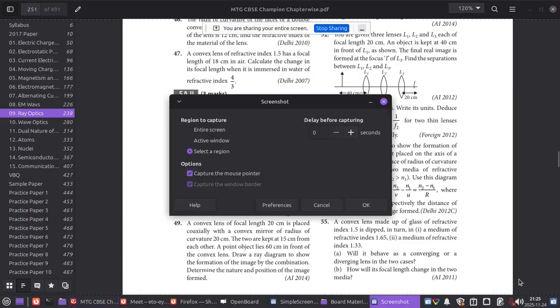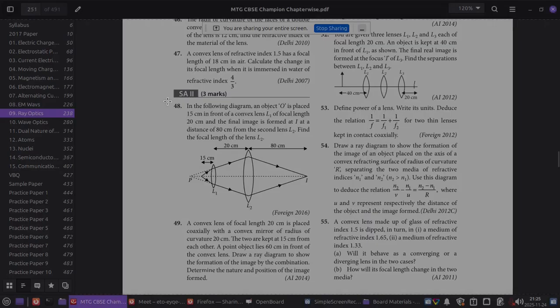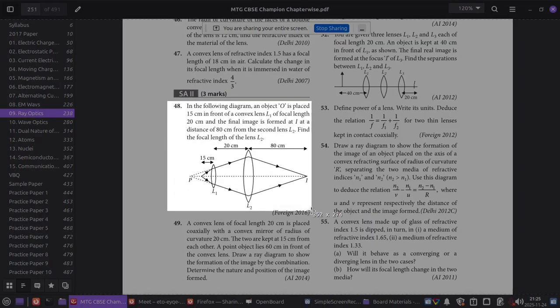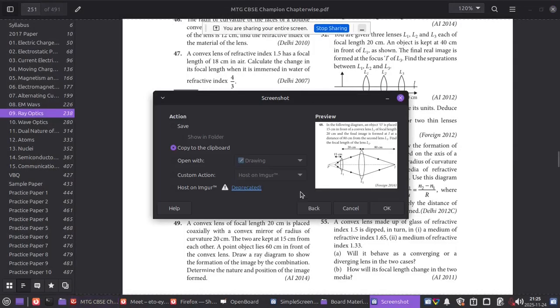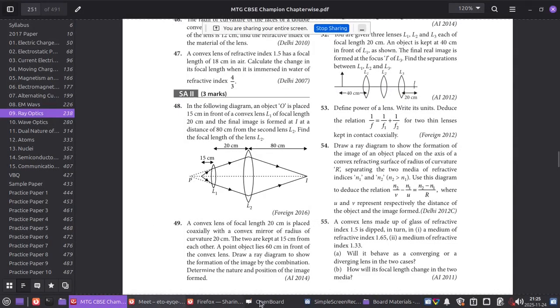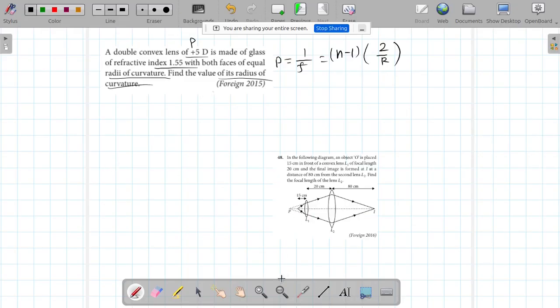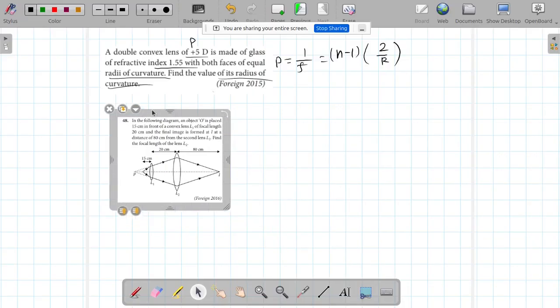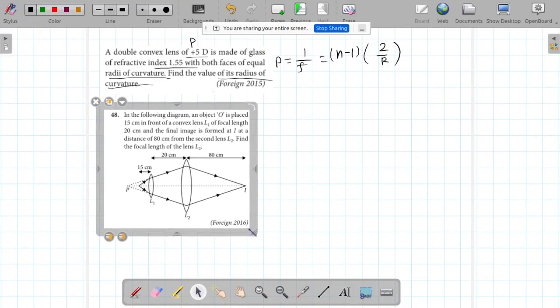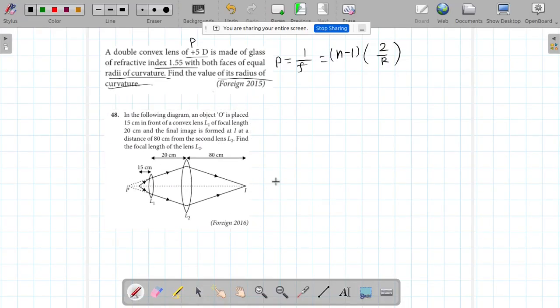Question number 48. Whatever it may be, in case of a combination, the image produced by the first lens serves as the object for the second lens.